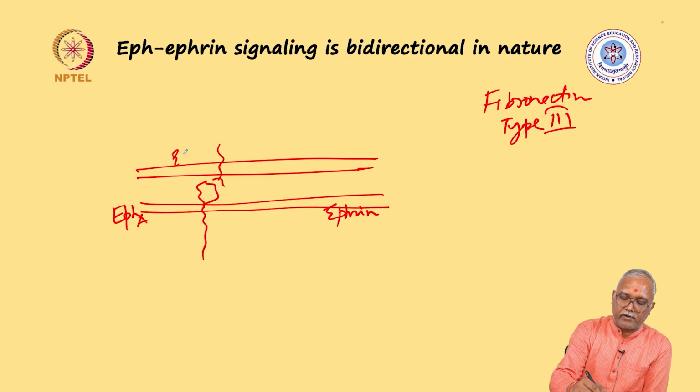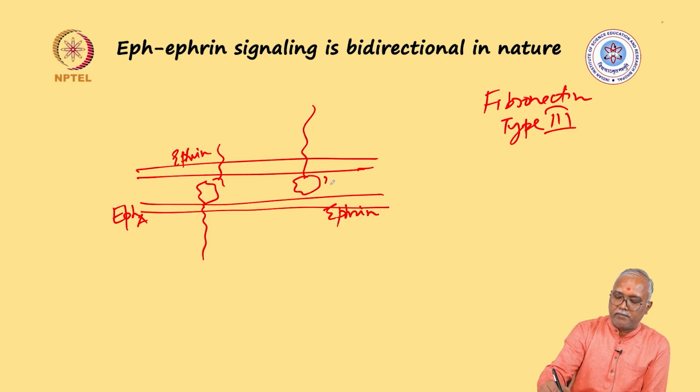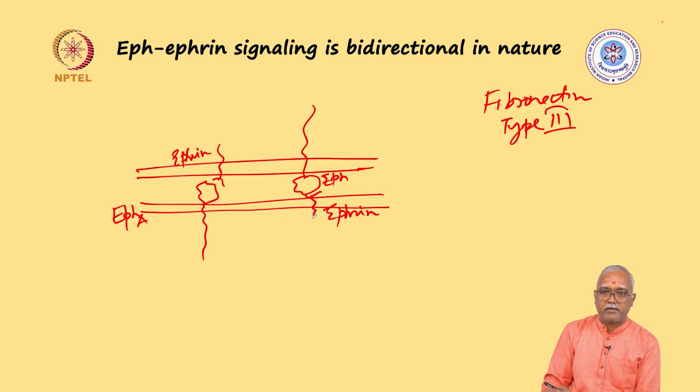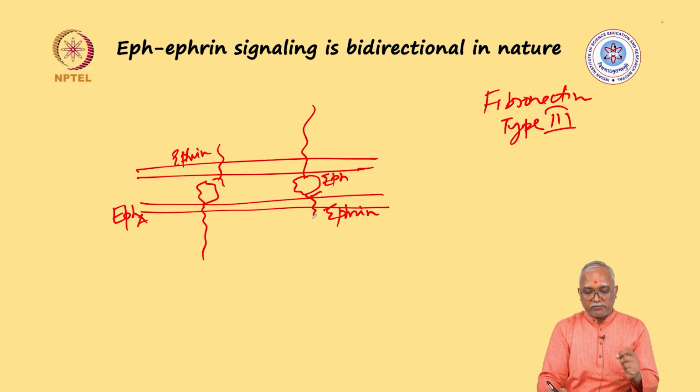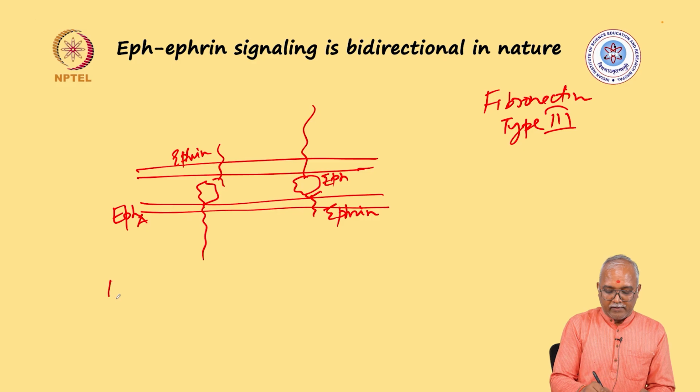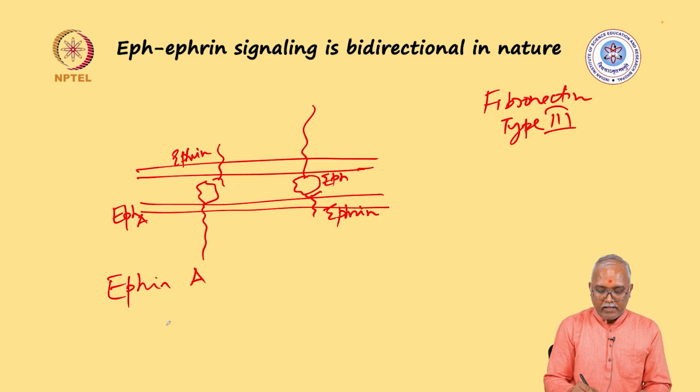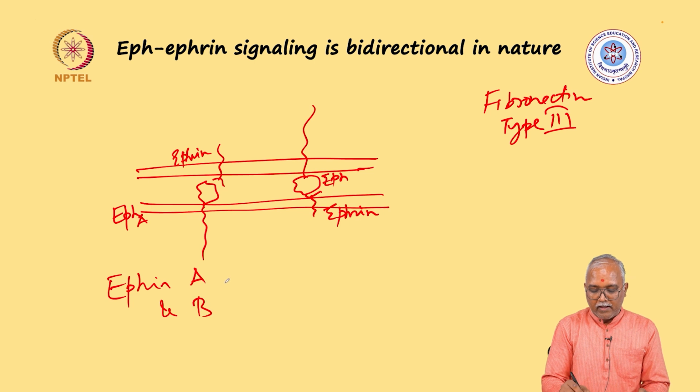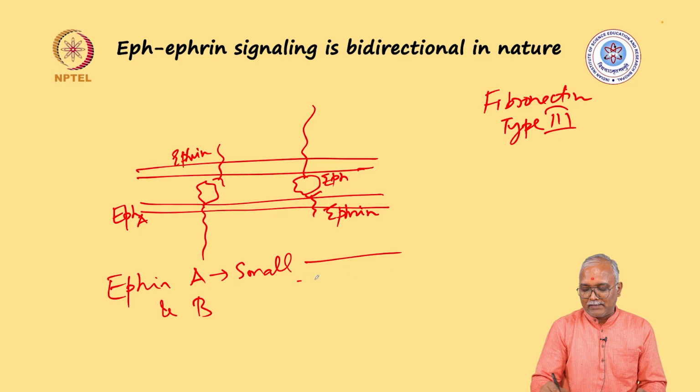If I say Ephrin and this is your EPH, right? The difference between Ephrin A and B is that A is much smaller and has tethering into the plasma membrane.